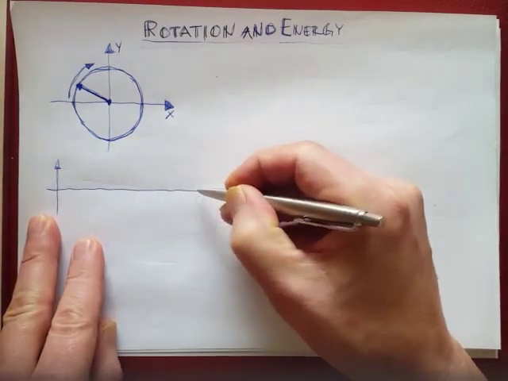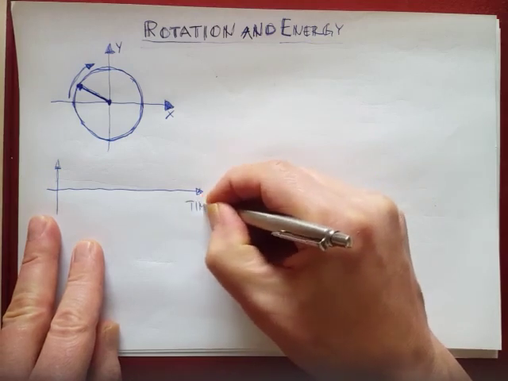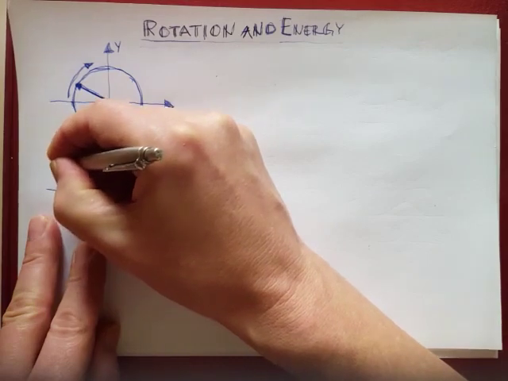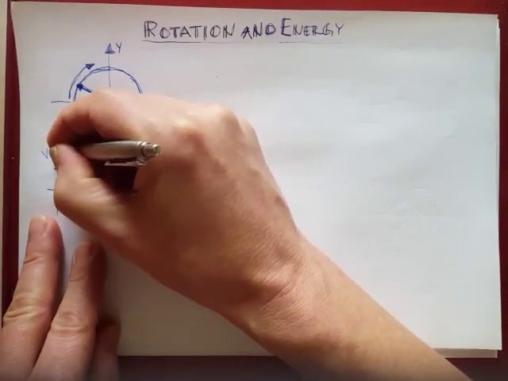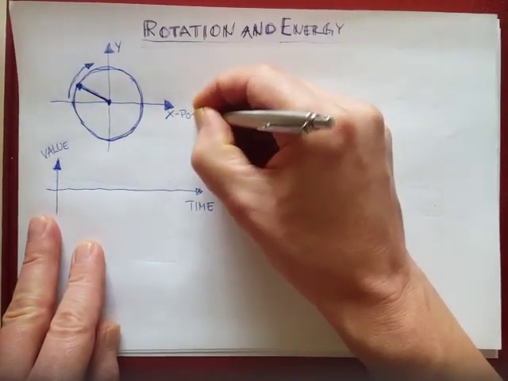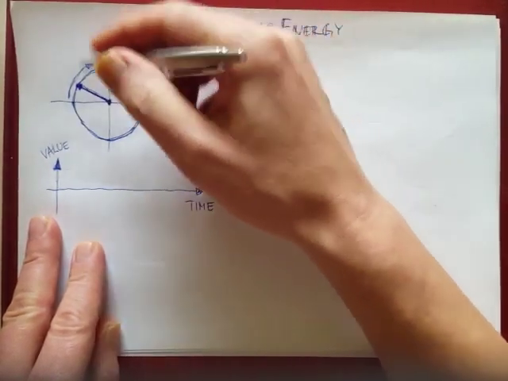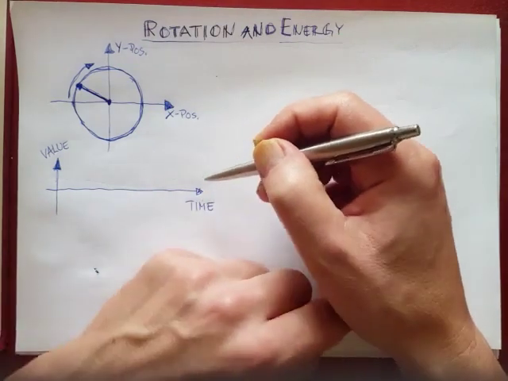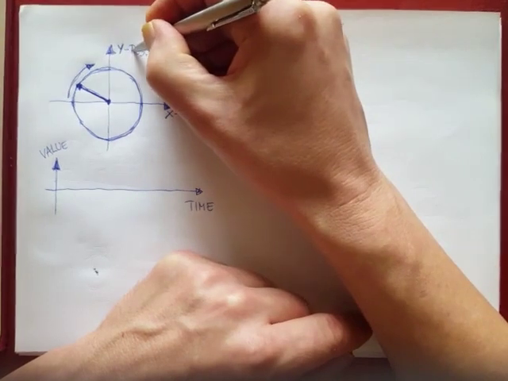And now we have time here. And again, I'm just going to call this a value. So here we have X position, and here we have Y position. And now we're going to translate this into a time dependency. And we're going to look at how the Y position changes over time.